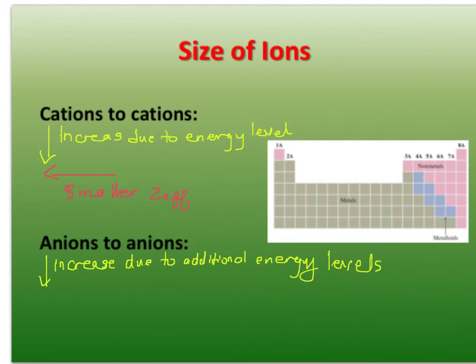Sorry, not decrease the size. If we have a smaller Zeff, then the size is going to increase. Because we already know as we go from left to right, the size decreases. So that means if we go right to left, the size is going to increase.